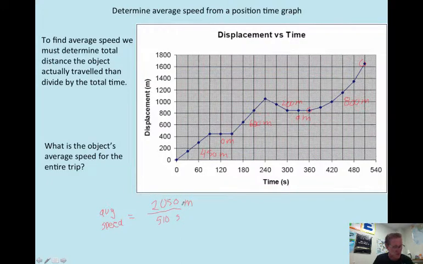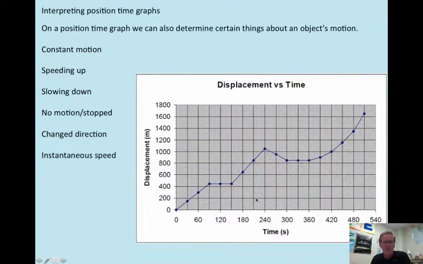So 2050 divided by 510 is going to be 4.02 meters per second. All right, so that's finding average speed using a position time graph.